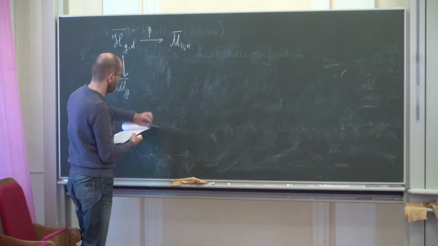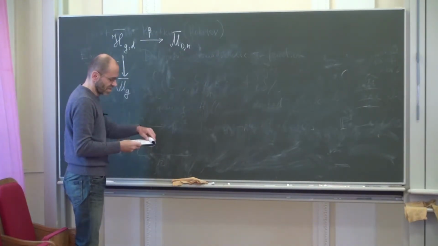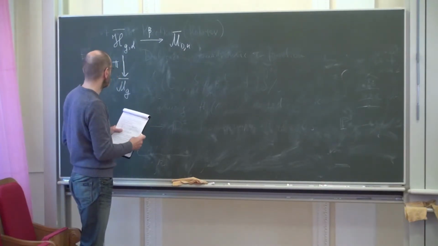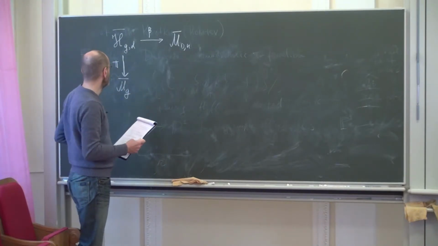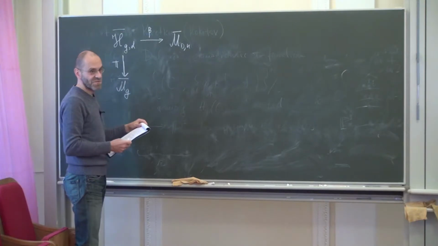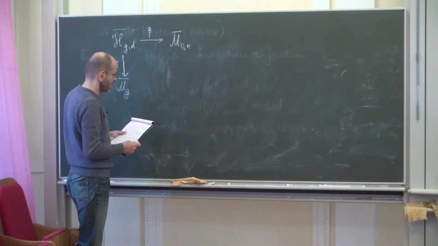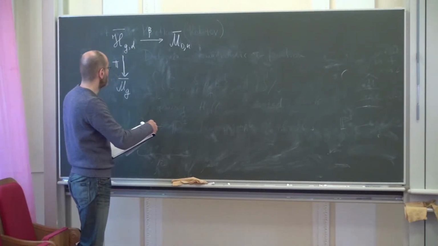Now, these two spaces are quite good. They are smooth orbifolds, smooth complex orbifolds. This space is even a smooth manifold. Unfortunately, this space is not an orbifold. It's even not normal, but it admits a nice smooth normalization.